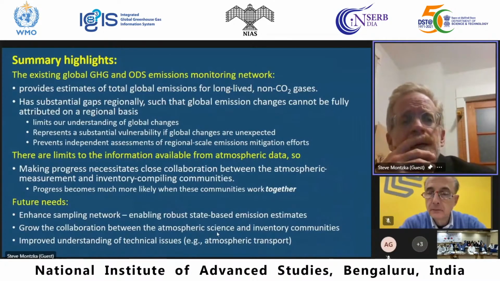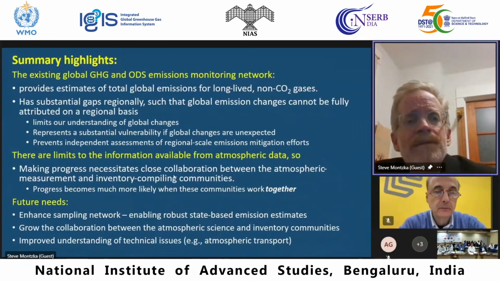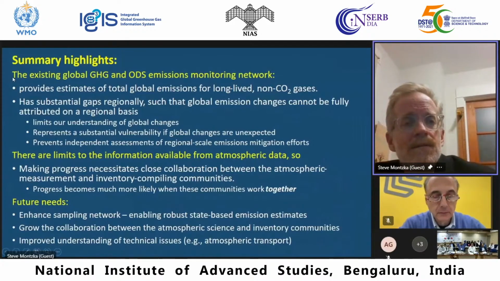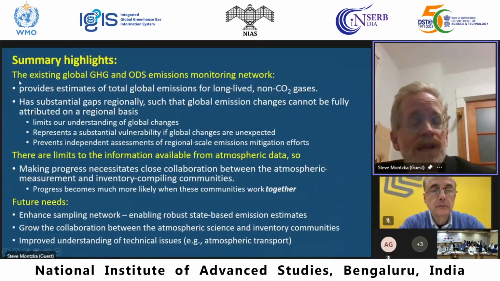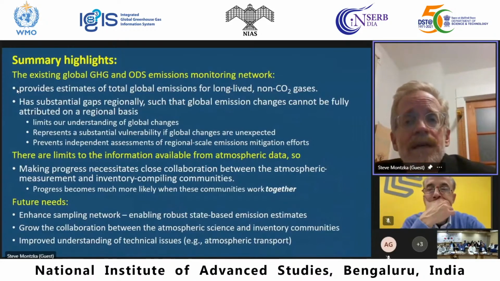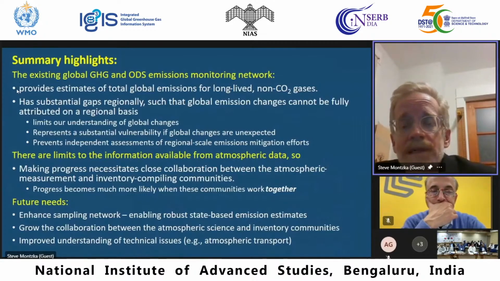So just to summarize, I hope I've made clear that the existing global greenhouse and ozone-depleting substance emissions monitoring network, both at NOAA and at other organizations around the world, can provide estimates of total global emissions for long-lived non-CO2 gases that influence climate and the ozone layer.